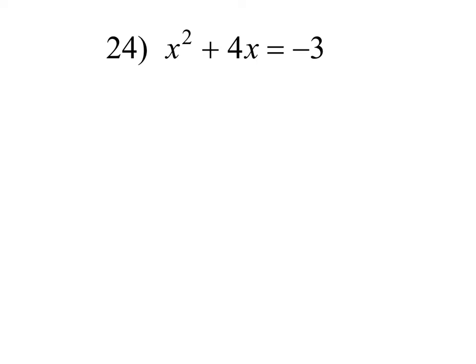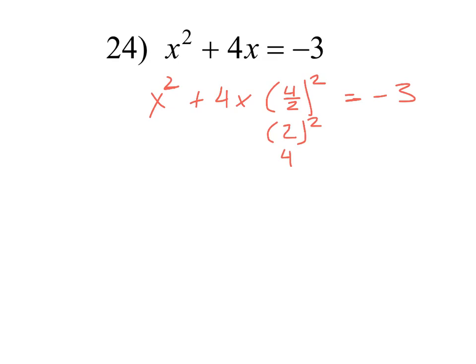All right, Sophia, what do we do here? And that's equal to negative 3. So we need to add 4 on the right side.